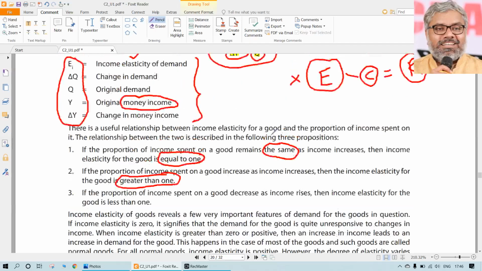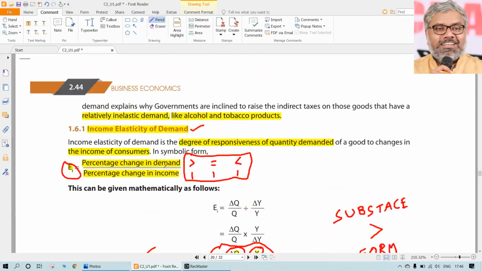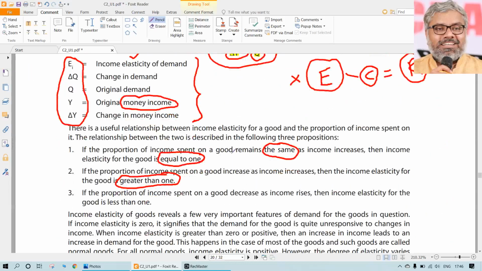Means what? The percentage change in demand is more than the percentage change in income. So the proportion of the income spent on the good increases as income also increases.